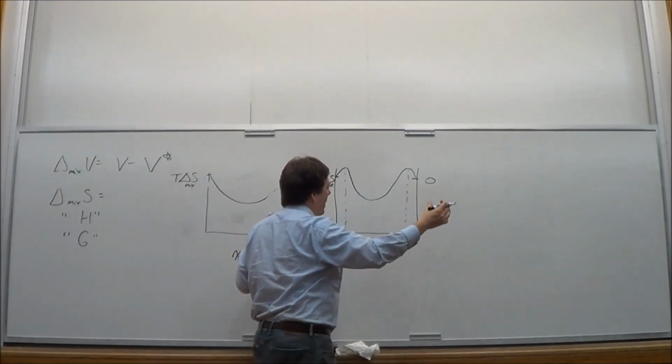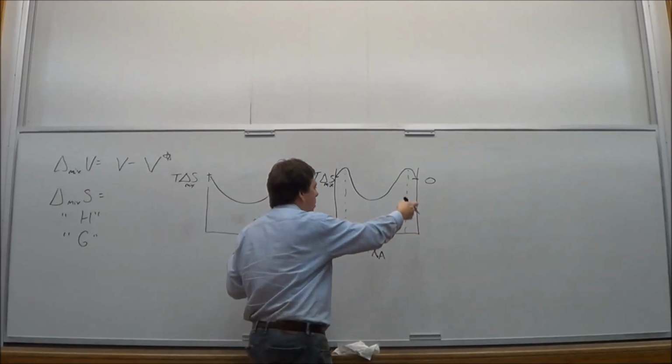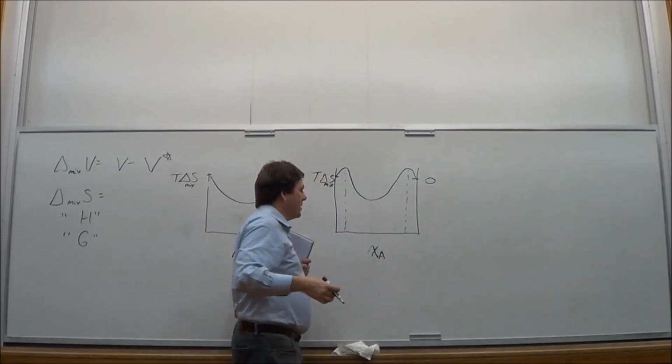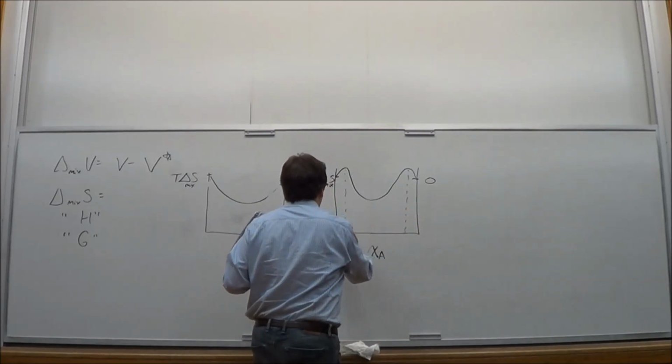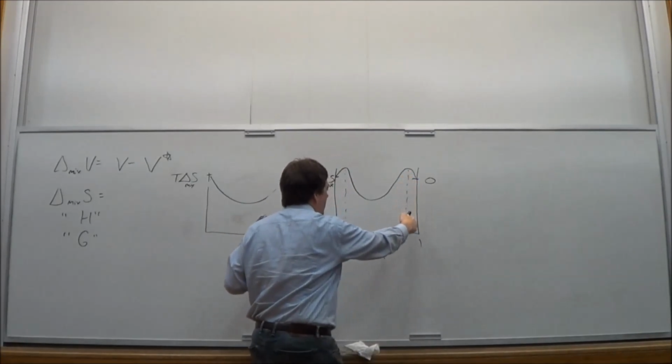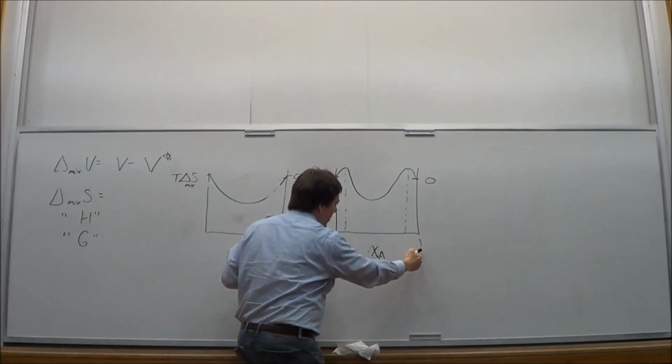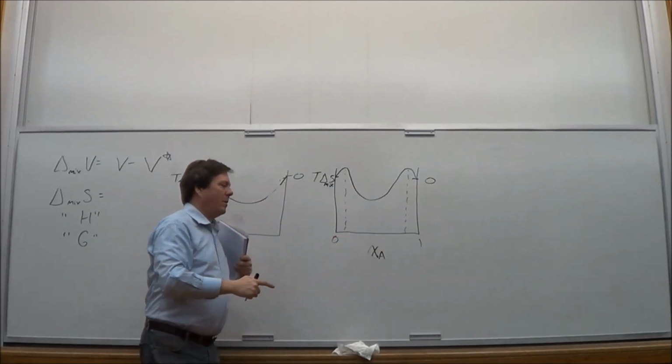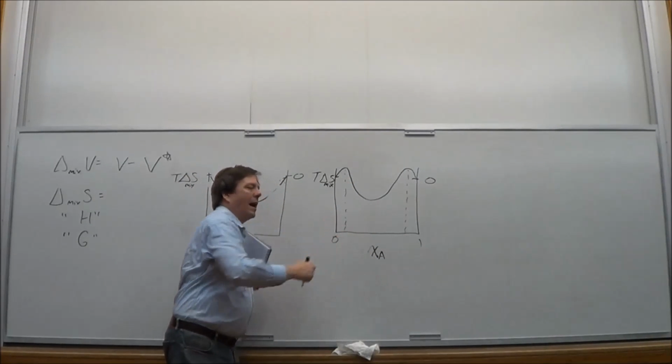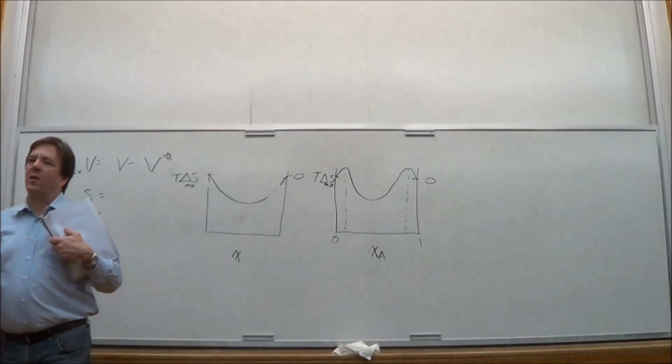The bottom one, the more dense, is mostly B. And the top one is mostly A, because there's no... not zero, but very little.